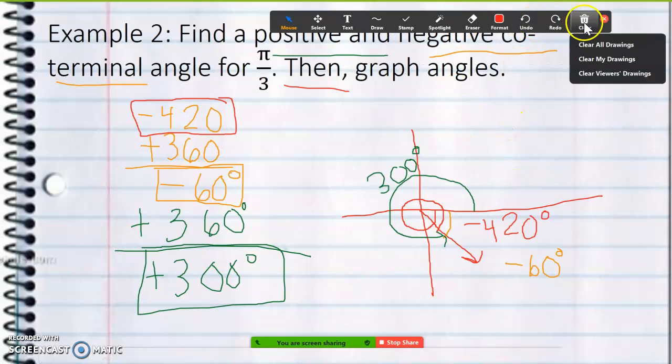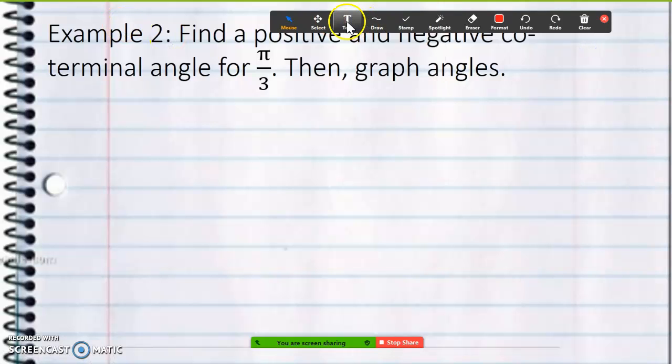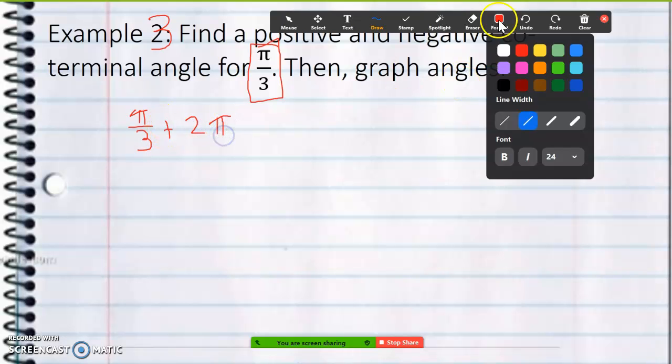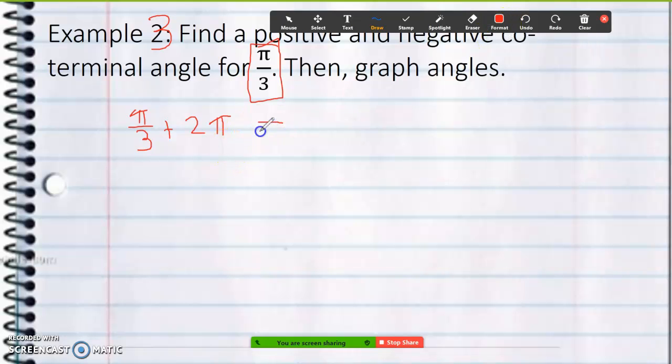So this is example 3. I know it says example 2 right there, but I just forgot to change that to a 3. Now if you notice, this is in radians. So one full rotation around is going to be 2 pi. So this is pi over 3 plus 2 pi. When we're adding fractions, we need the denominator to be the same.